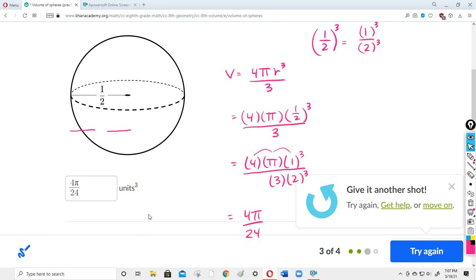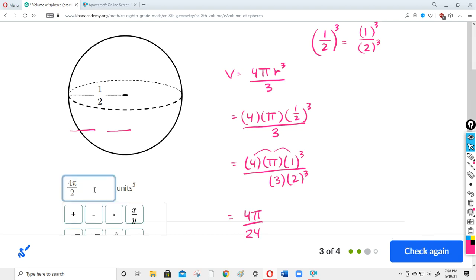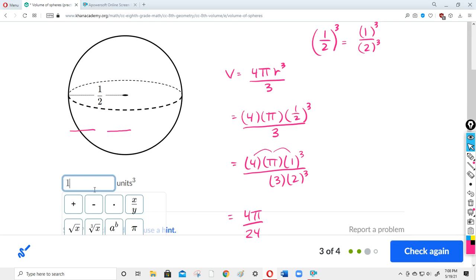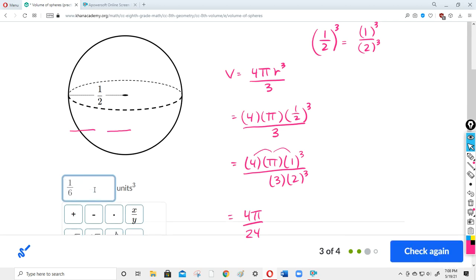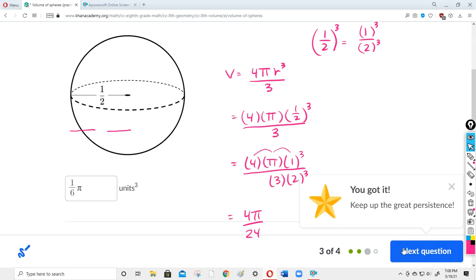So if we reduce this fraction, 4 divided by 4 is 1, and 24 divided by 4 is 6. So let's try 1 over 6 times pi. Let's try that. 1/6, hit the right arrow key, and type pi for pi. 1/6 pi. Okay, good.